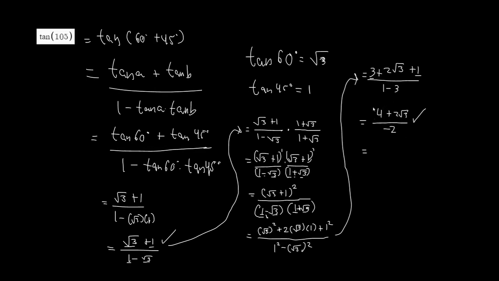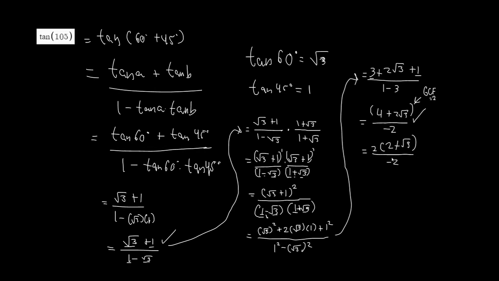So this numerator, this binomial, I can actually factor out by 2 because the GCF of this binomial is 2. So I'm going to factor out 2. So this will be 2, and then this will be 2 plus square root of 3, all over negative 2.